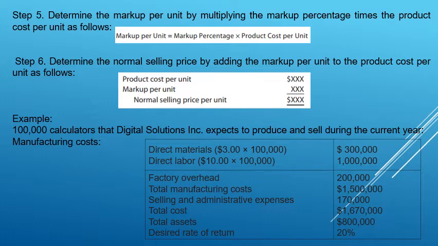The selling and the administrative expenses is $170,000, and the total cost is $1,670,000, and the total asset is $800,000. So desired rate of return is 20%.